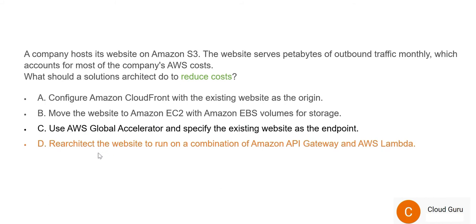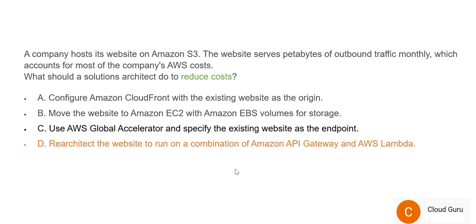It's saying to re-architect the website to run a combination of API Gateway and Lambda. Okay, so suppose you have a car, suppose a Honda Civic, and then people are saying that you want to reduce the cost of the usage and maintenance costs, etc. So what you do is you become very intelligent and you say, hey, why don't you buy a Mercedes?